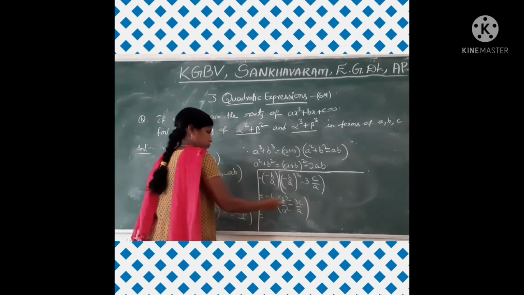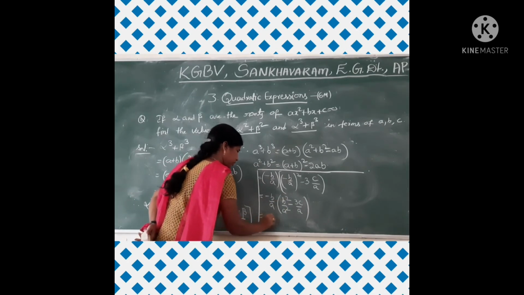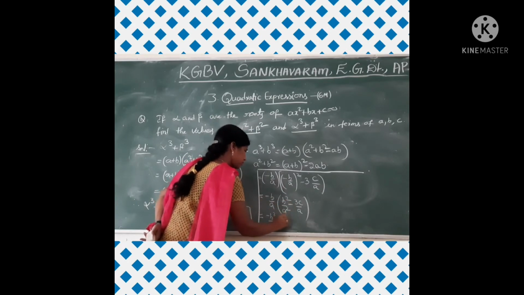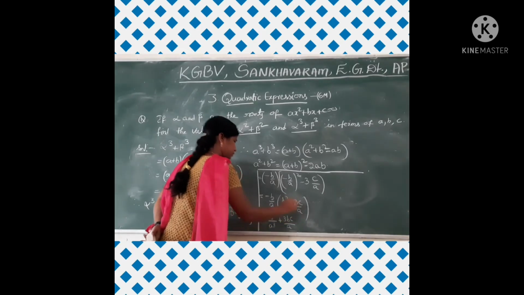This one we multiply both ones: minus b cube by a cube, minus into minus plus 3bc by a square.